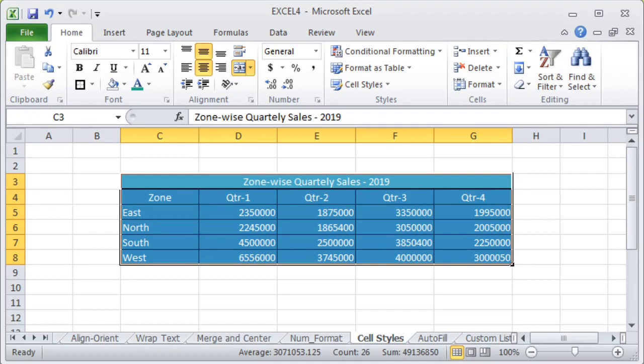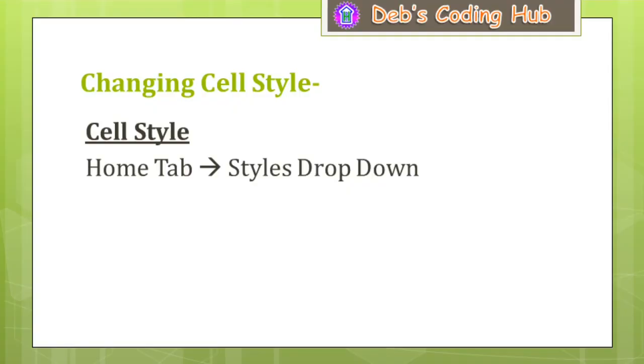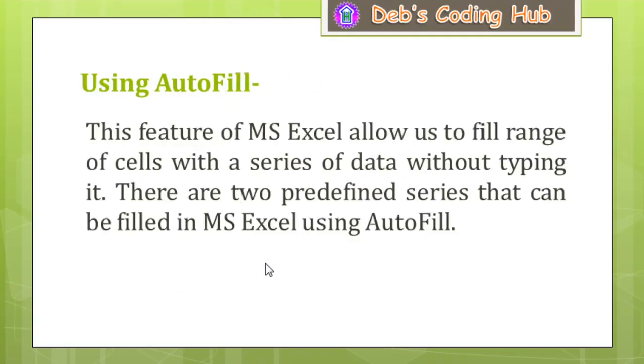Let us see the next option in our tutorial. Next, we are going to do AutoFill. The AutoFill is a very important feature for filling up series. This feature in MS Excel allows us to fill range of cells with a series of data without typing it.